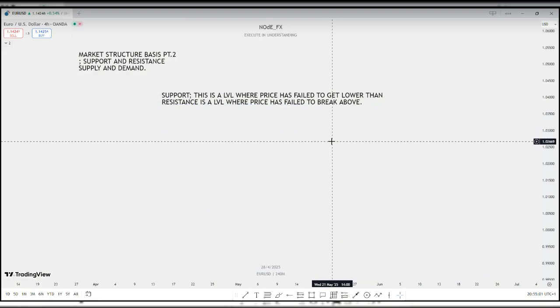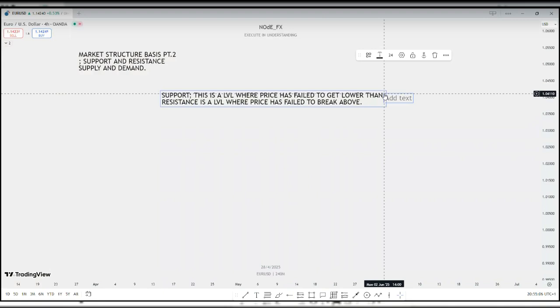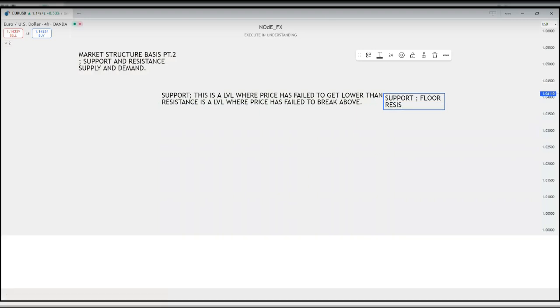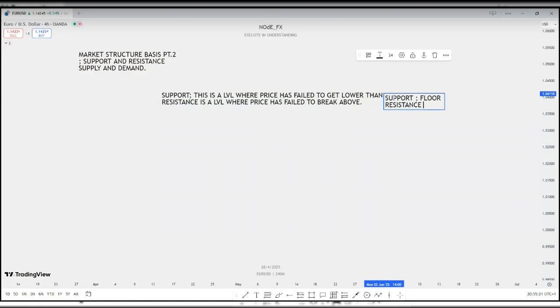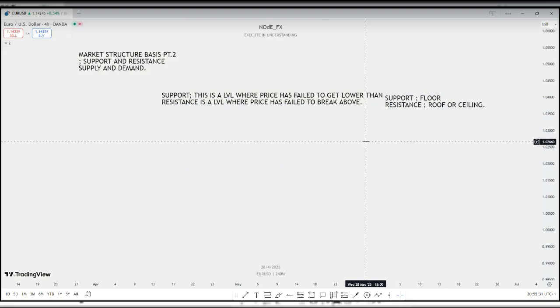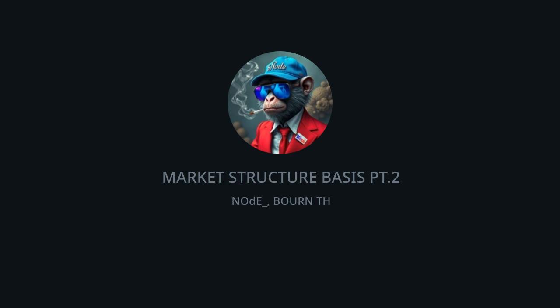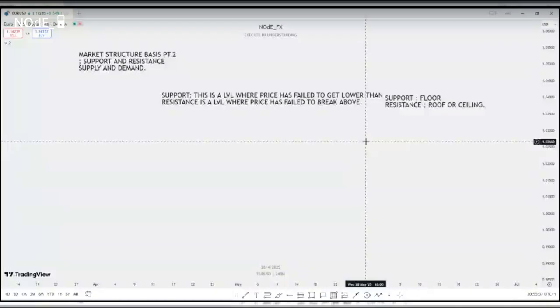In other words, you can call support the floor, while resistance is also referred to as the roof, or should I say, the ceiling.